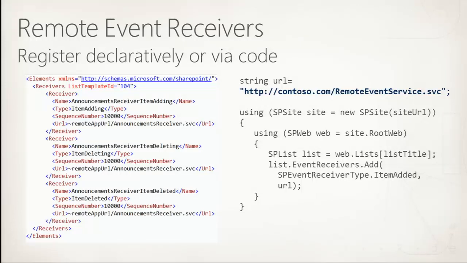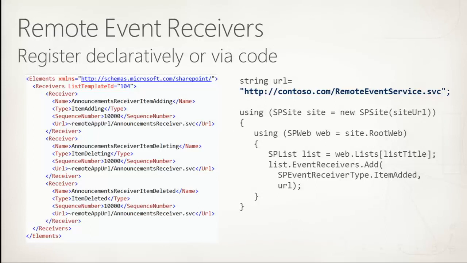The second way you can do it is via code. The most common case that we see this used is when you want to register an event to a parent web. As you've probably gathered from the architecture, you have your parent or host web, and then you often will have an app web. You can definitely have a bunch of events running in your app web, but a common scenario is, hey, I have a document library in my host web that everyone uses.